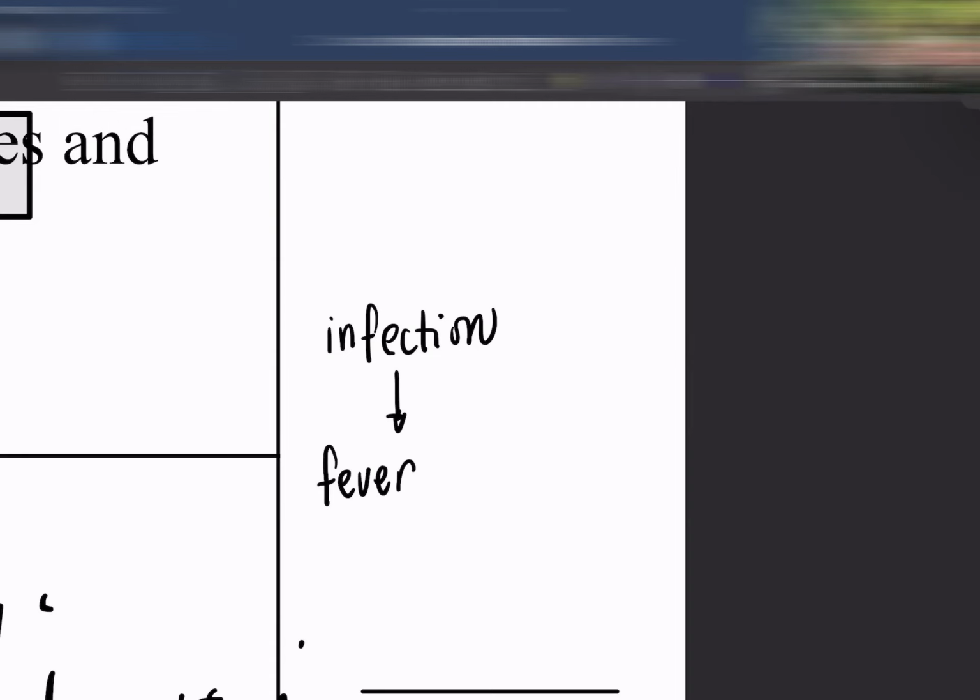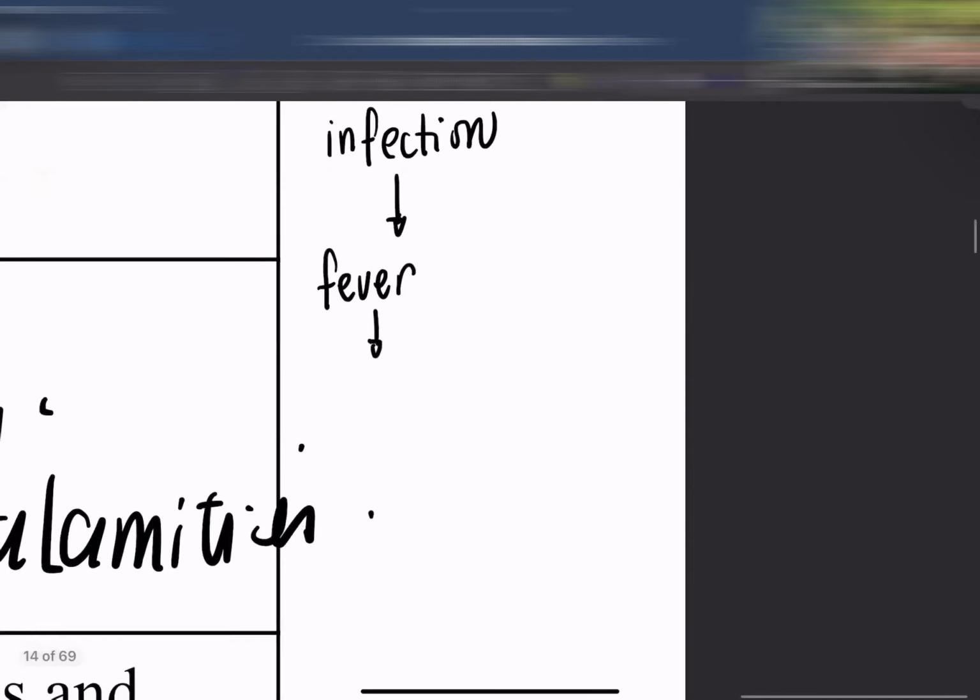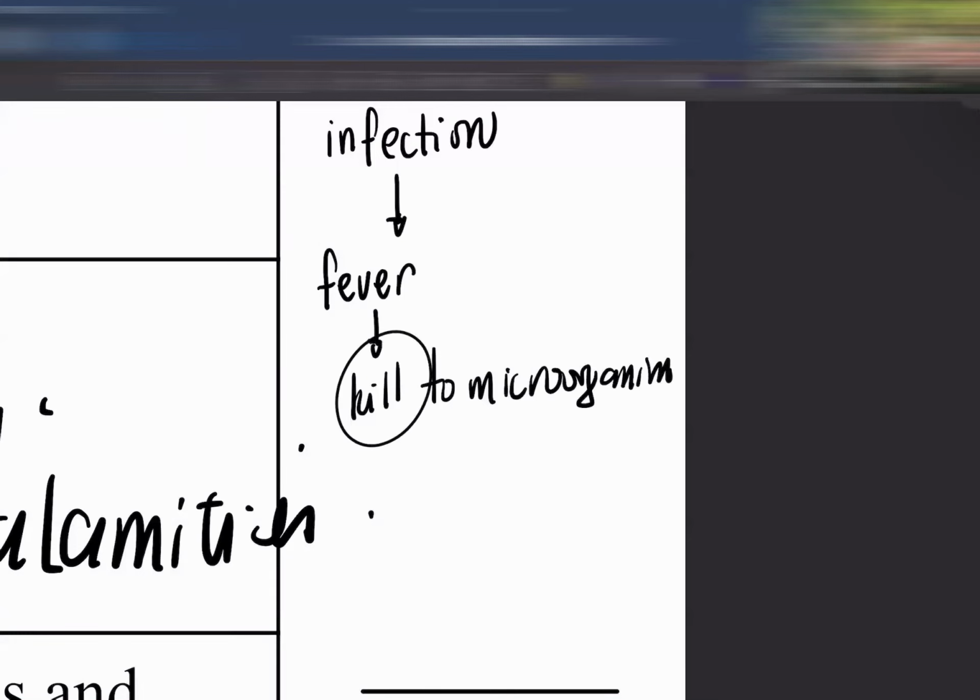Class, our body is actually warming up because the goal of your body is actually to kill the microorganism. Okay? It's trying to warm up because it's the defense mechanism of your body with the hope, class, that they will be able to kill the microorganism. Di ba class, once may infection tayo, ano po nangyayari? Mag-activate po yung inflammatory response natin.